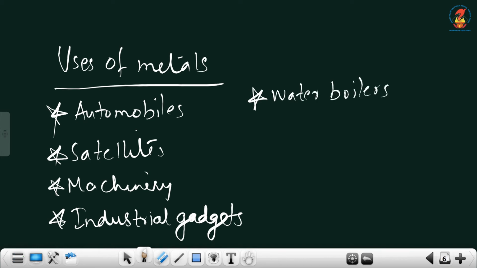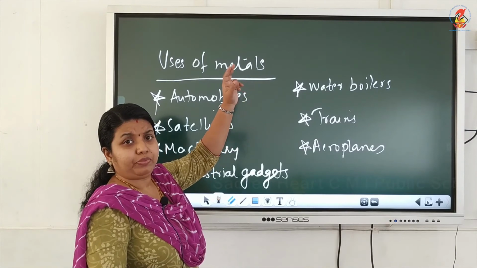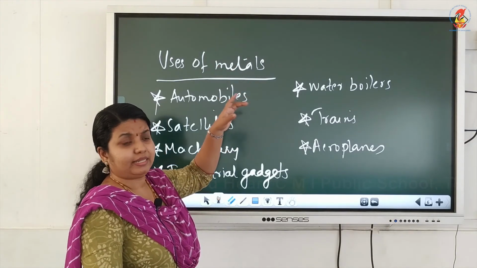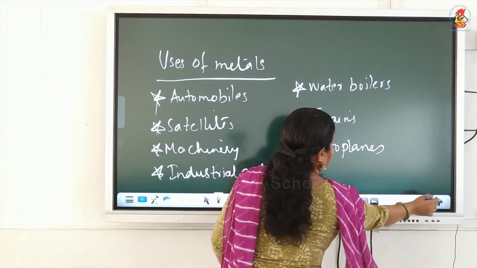So many uses are there. Then trains, aeroplanes, etc. So metals are used to make automobiles, trains, aeroplanes, then machinery, industrial gadgets, satellites, water boilers, etc.